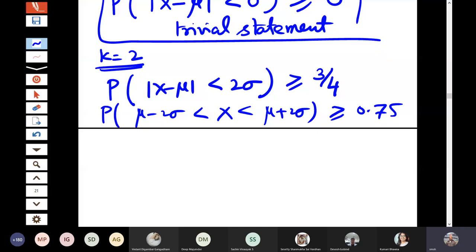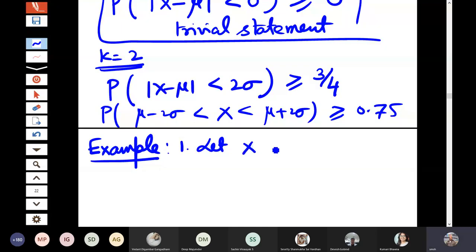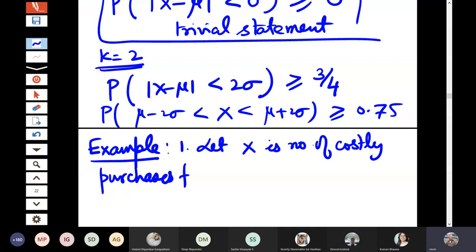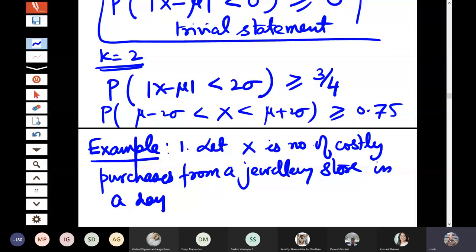So let me just take up one or two simple exercises here. A jewelry store is interested in knowing how many purchases are costly purchases, that means maybe to the tune of several lakhs or something like that.